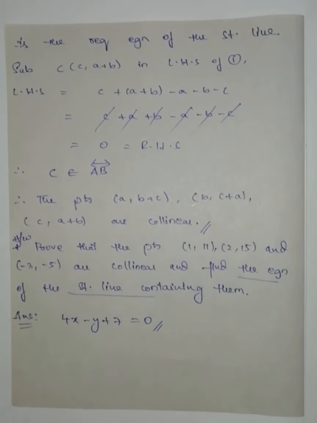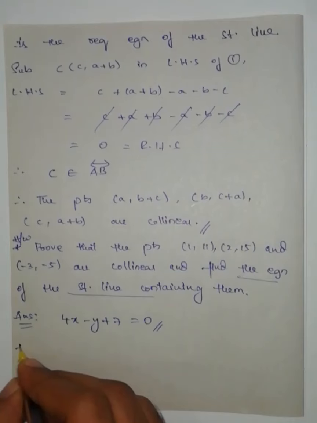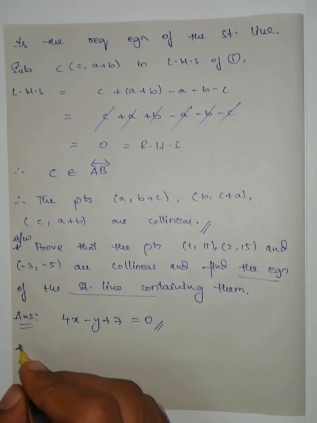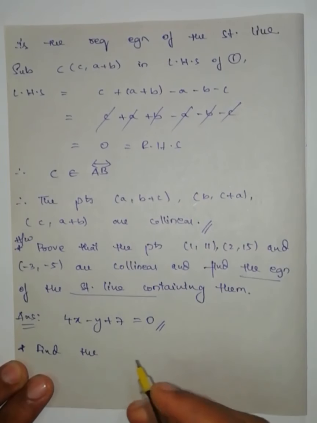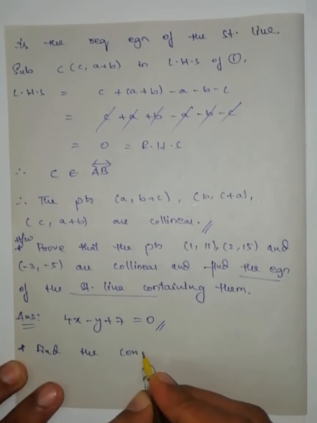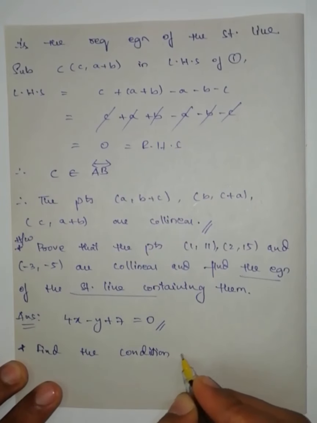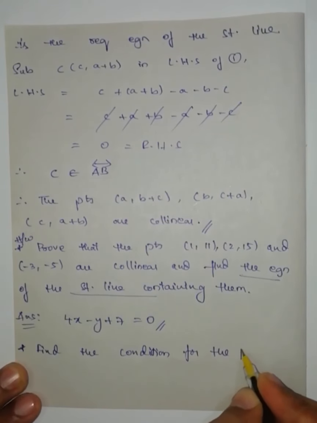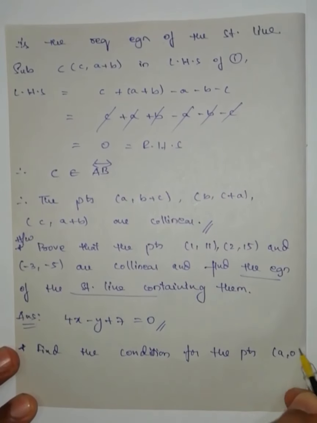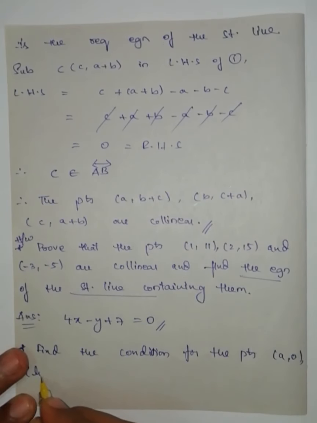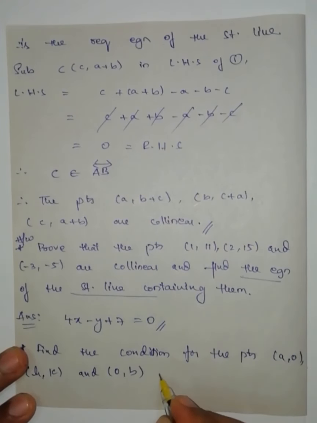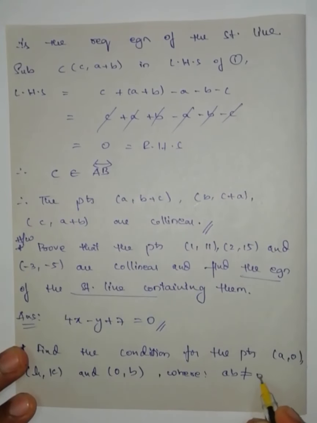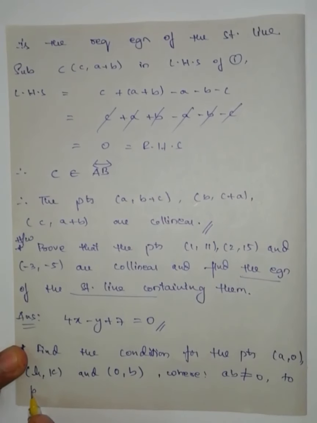Now the next problem, find the condition for the points a comma 0, h comma k and 0 comma b, where ab is not equal to 0, to be collinear.